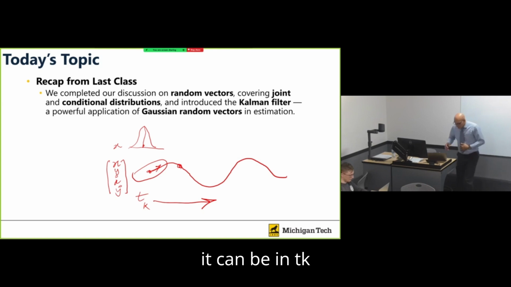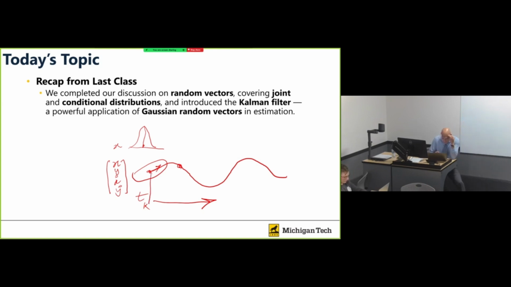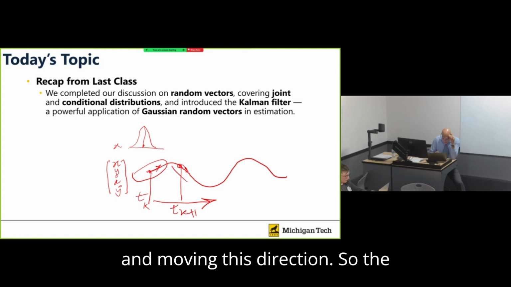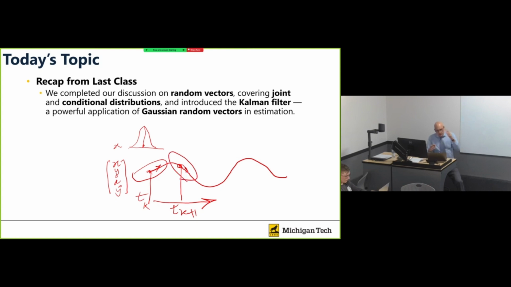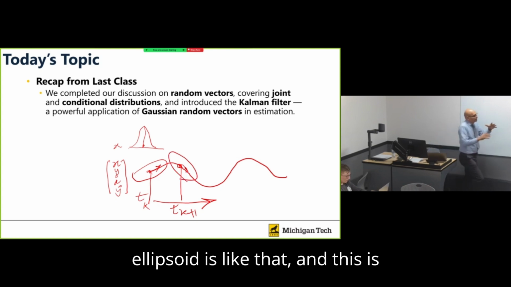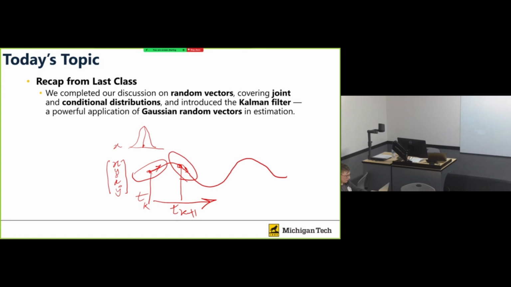So it can be at time k plus 1 here, moving in this direction, so the ellipsoid is like that, and this is making a function.